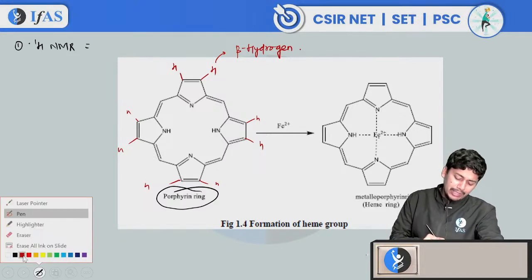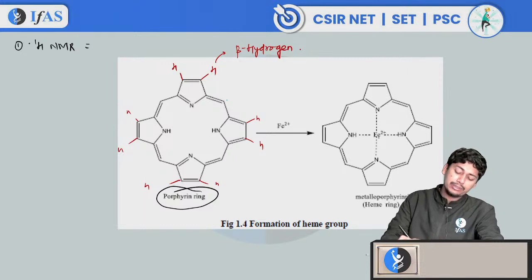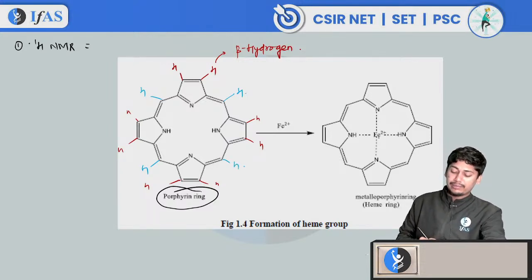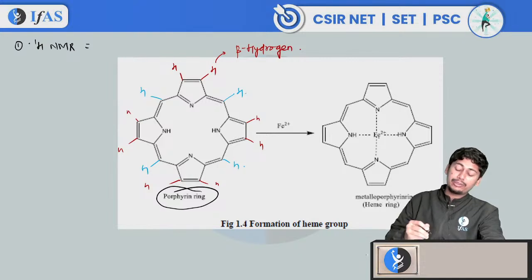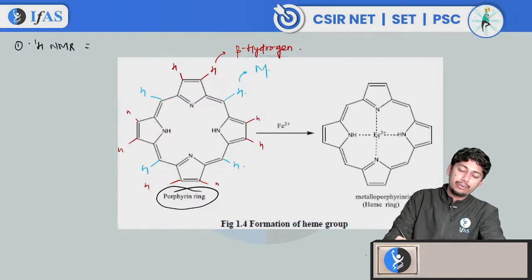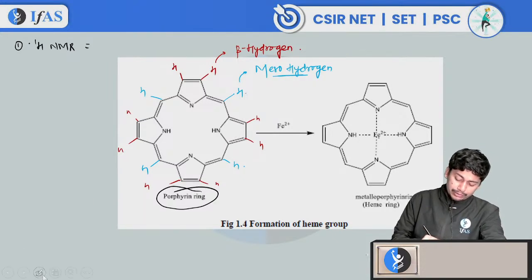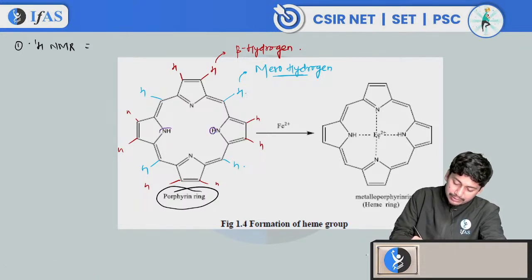Apart from that, you will find CH hydrogens also, 1, 2, 3, and these are called meso hydrogens. And one more type of hydrogen you can observe here is the NH type of hydrogens as well.